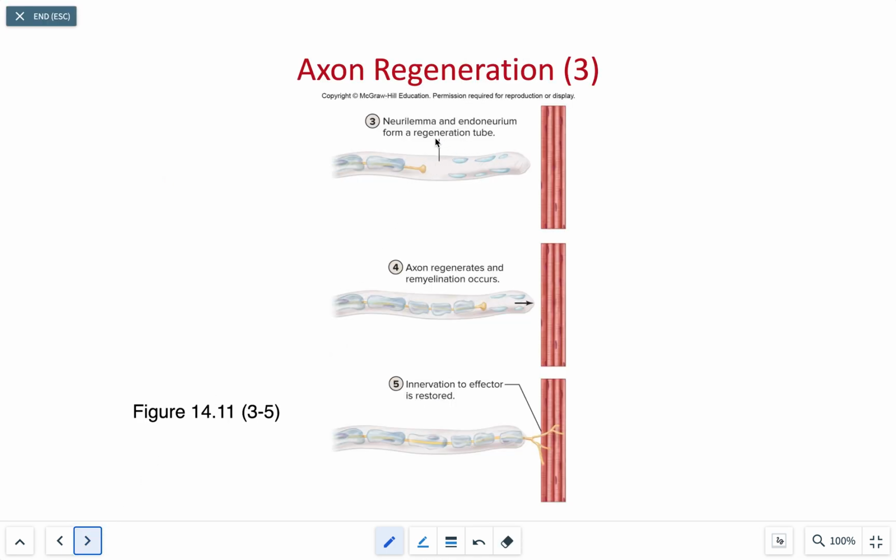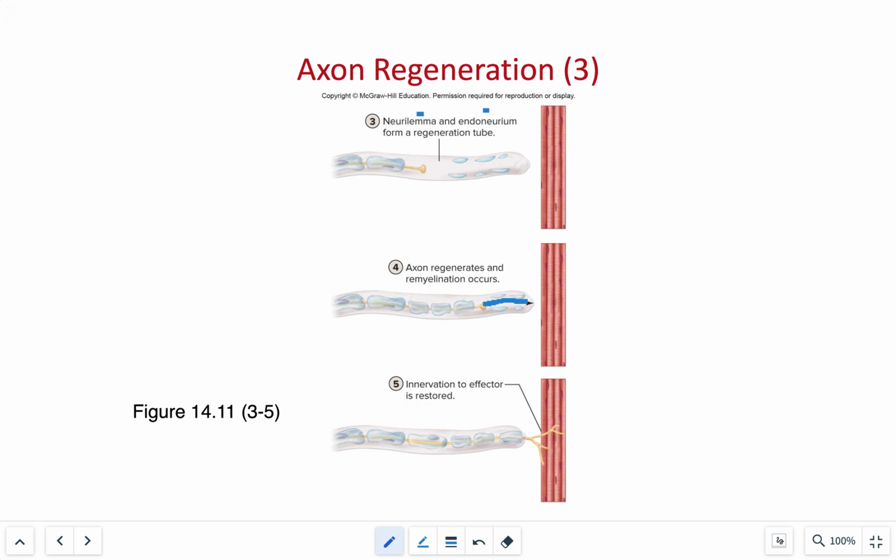In step number 3, as mentioned earlier, the only things that survive distal to the injury are the neurolemma and the endoneurium. And this is going to form this regenerating tubule. In step number 4, once we have the neurolemma and the endoneurium forming this tubule, you're going to see the axon begin to grow towards the effector site.